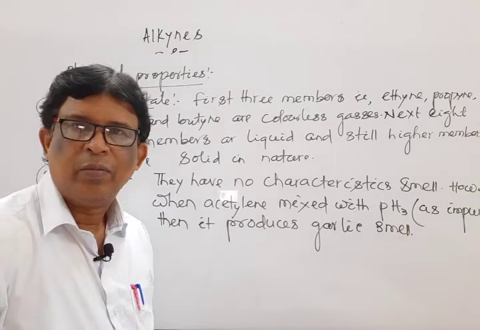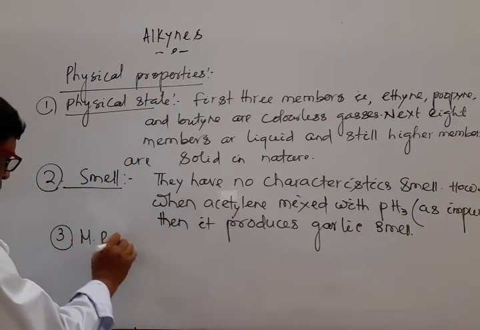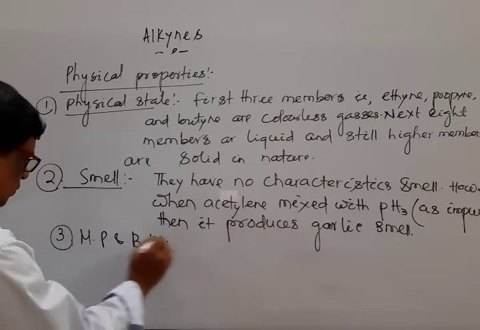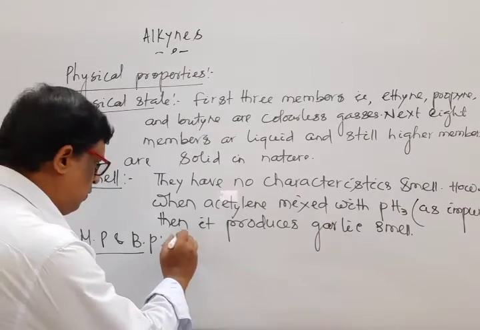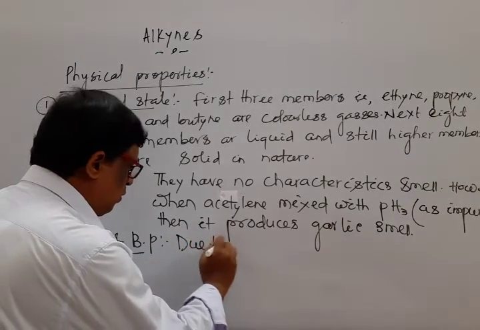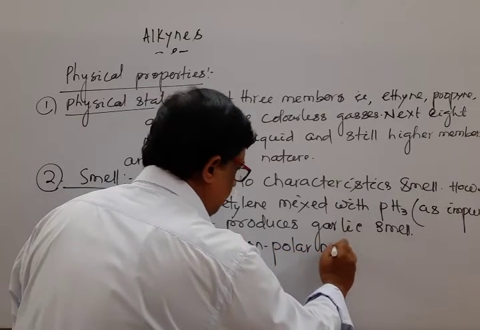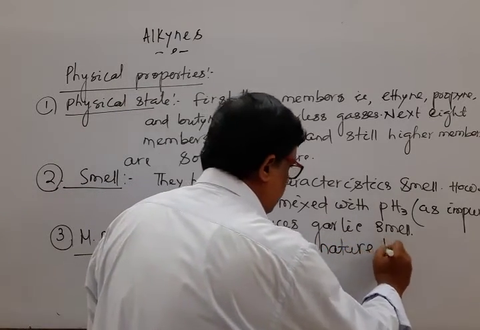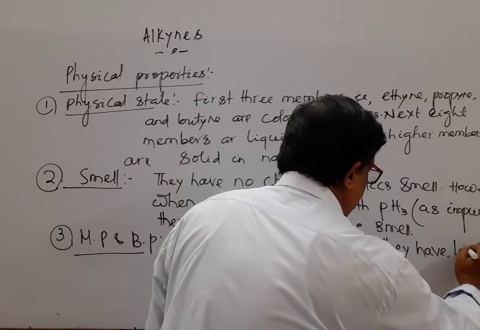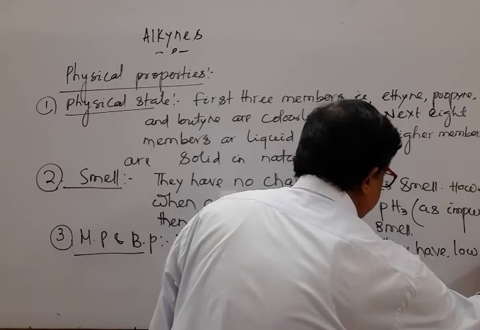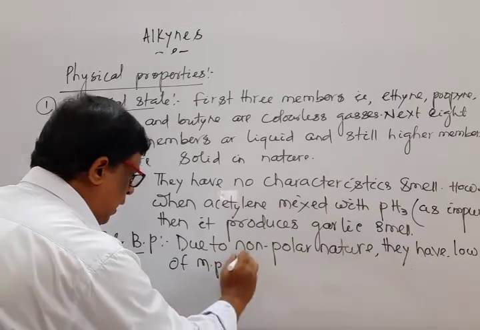Move to the third point, that is melting point and boiling point. Note down. Due to non-polar nature, they have low values of melting point and boiling point.